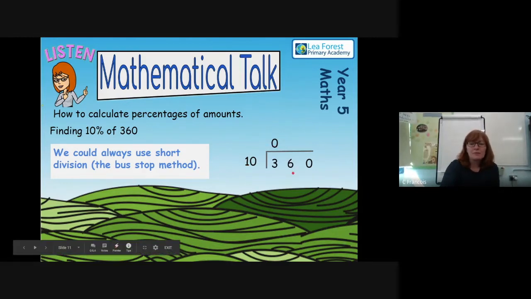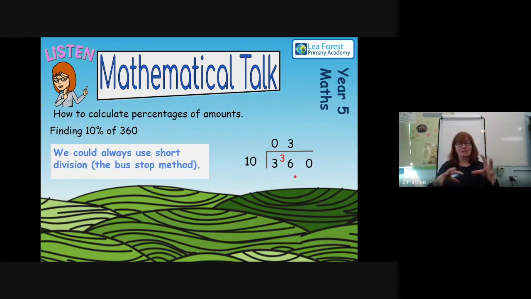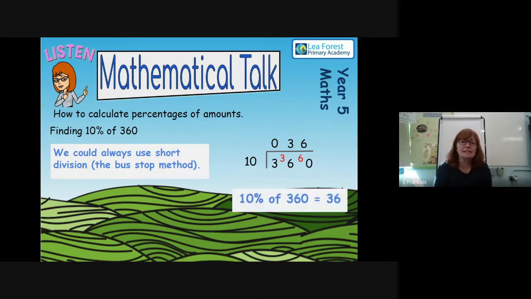So 0. I carry the 3. 36 divided by 10 is 3. 3 times 10 is 30. Gives me a remainder of the difference between 30 and 36, which is 6. So 60 divided by 10 is 6. So 10% of 360 is 36.